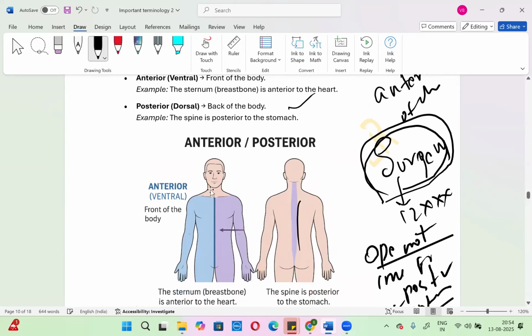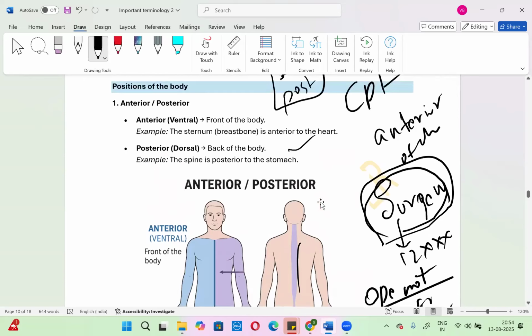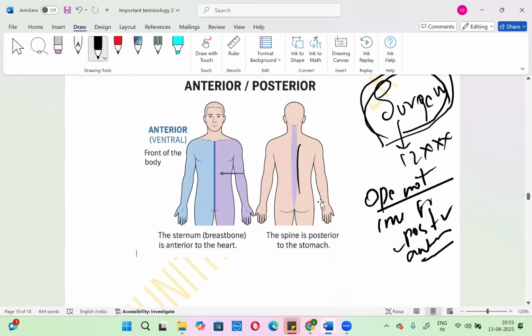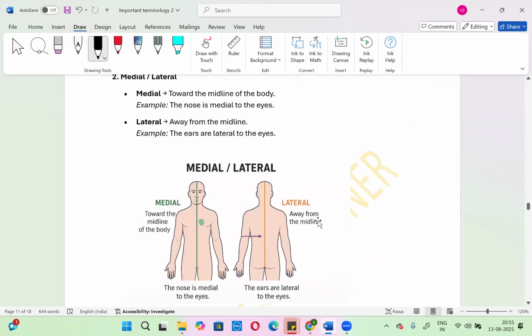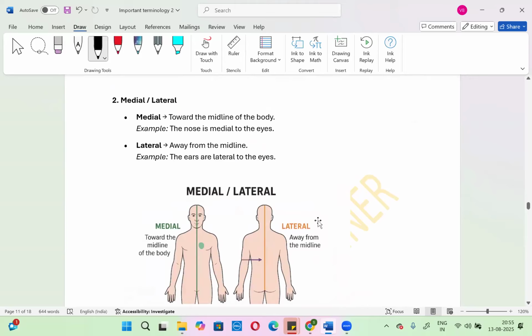You can see very clearly, anterior means front side of the body. Posterior means back side of the body. Okay, next comes medial and lateral. What is this medial and lateral? Medial is nothing but towards the body center, middle.